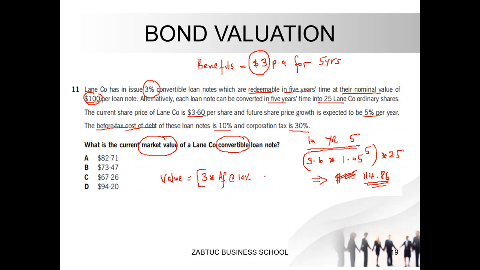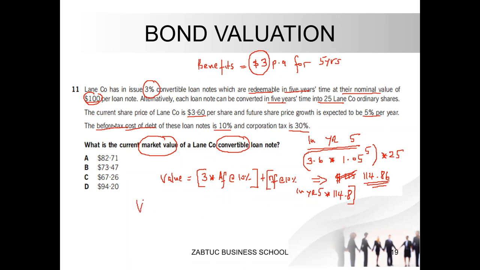Then you add the discount factor at 10% in year 5, multiplied by 114.86.